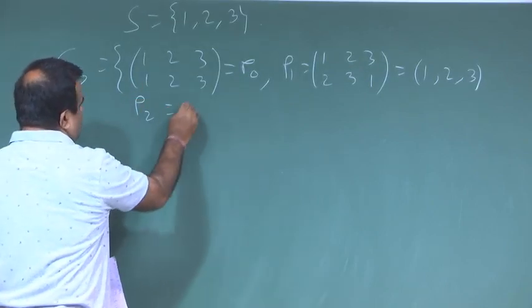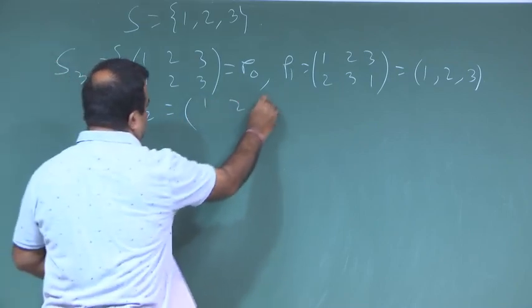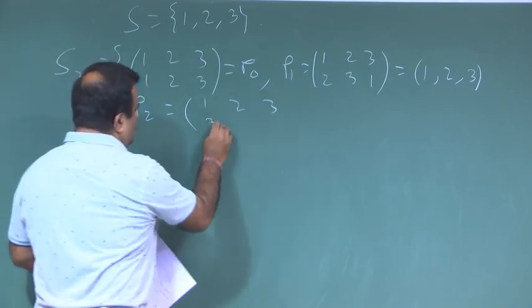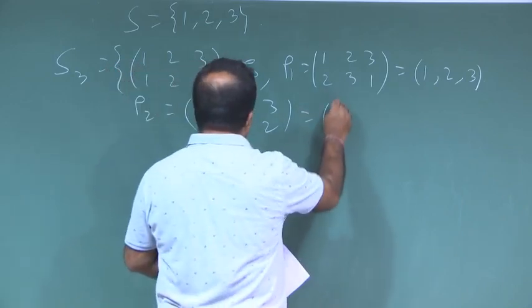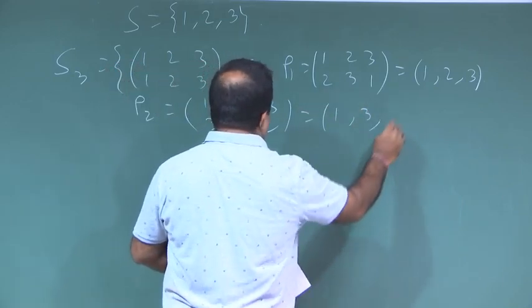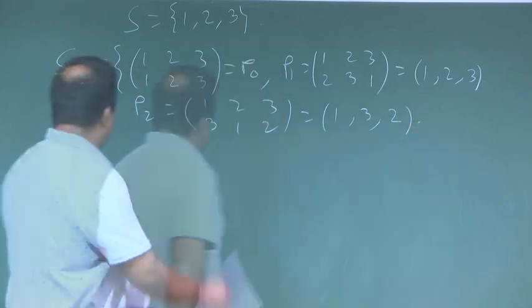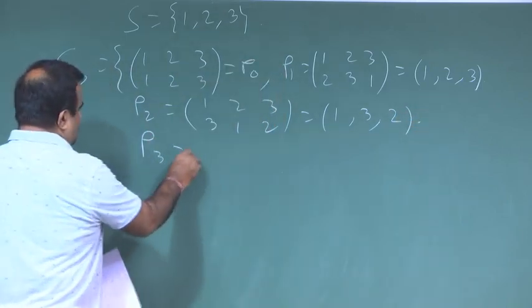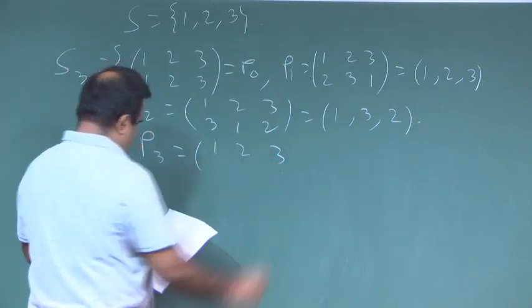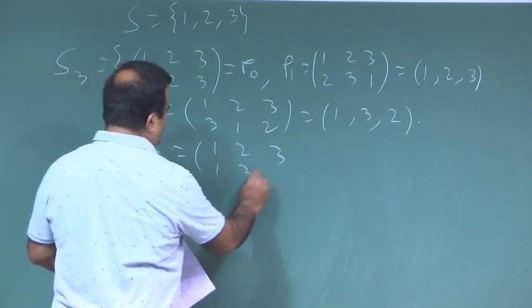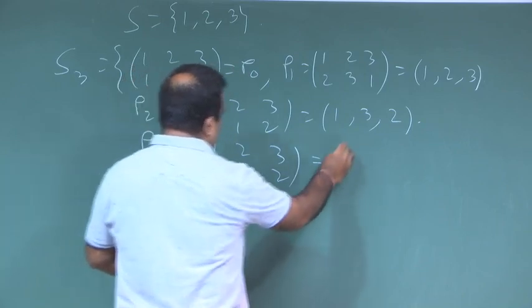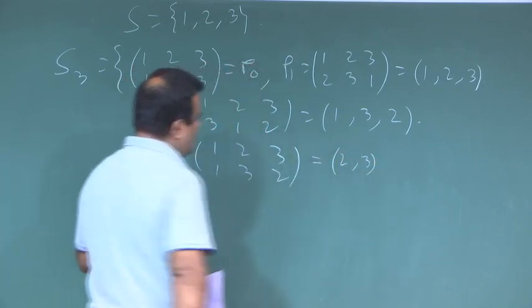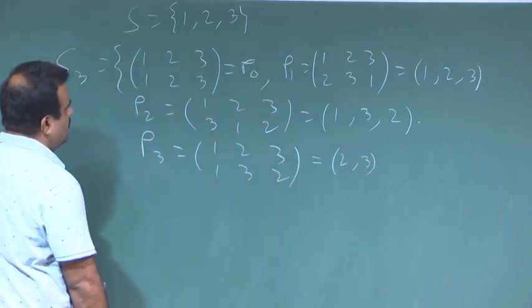So, P2 is nothing but 1 2 3 over 3 1 2, that means 1 is going to 3, 3 is going to 2, again 2 is going to 1. Then P3 is 1 2 3 over 1 3 2, this is an odd permutation.